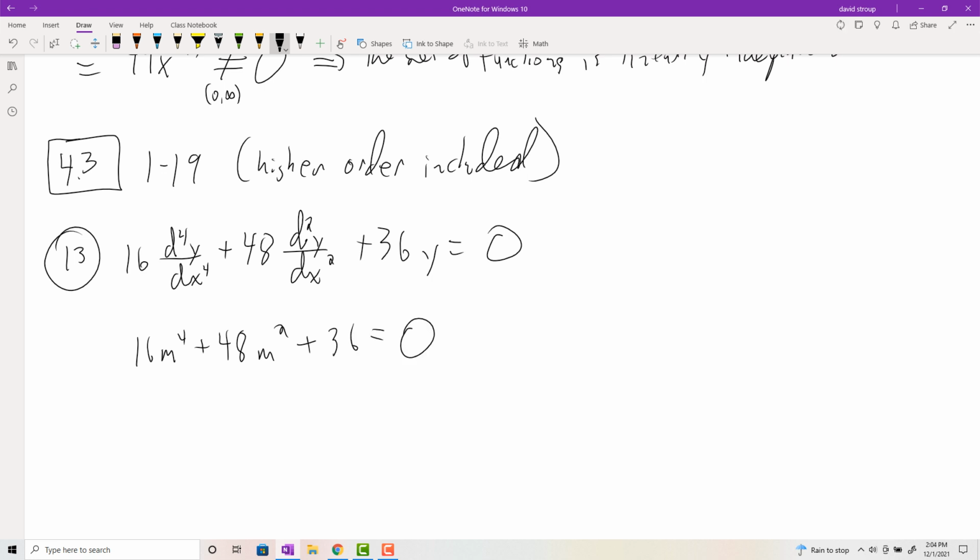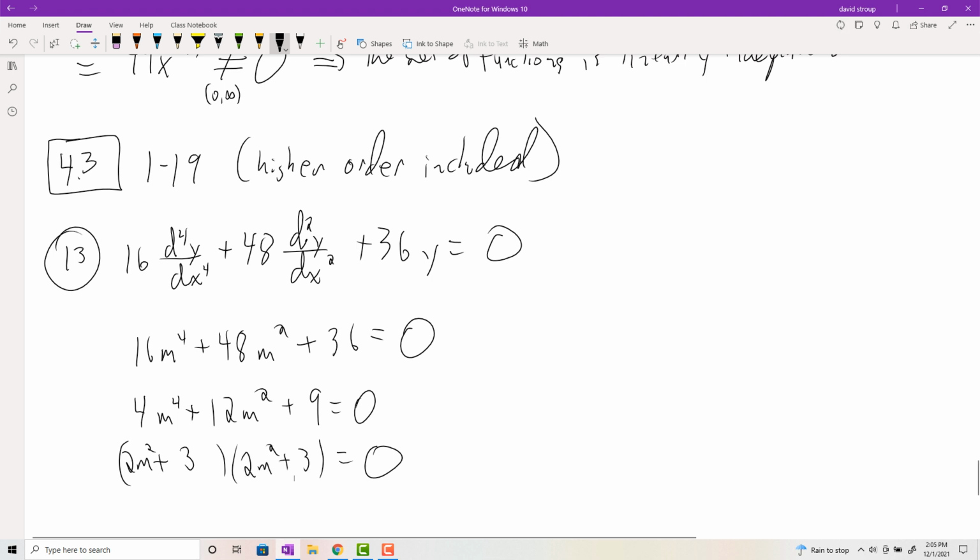And then you want to solve this equation. I can divide everything by 4. So get 4m to the fourth plus 12m squared plus 9 is 0. I don't even need the synthetic division here. So 2m squared plus 3, and then 2m squared plus 3.